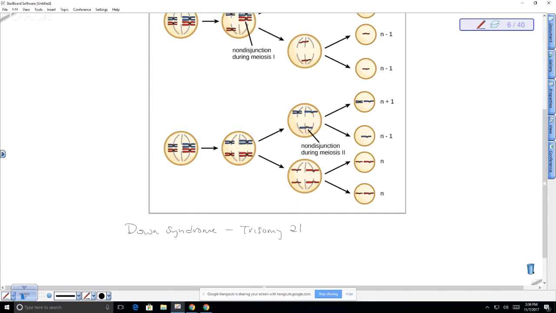One is that the eggs are stored in the ovaries in prophase 1. When you are born, your eggs are in prophase 1, and they stay there until they are signaled to develop. They might stay there for 37 years in prophase 1, and maybe the age of the egg has something to do with whether or not it is likely to produce a haploid cell, a gamete, that has the incorrect number. Males are not that way.